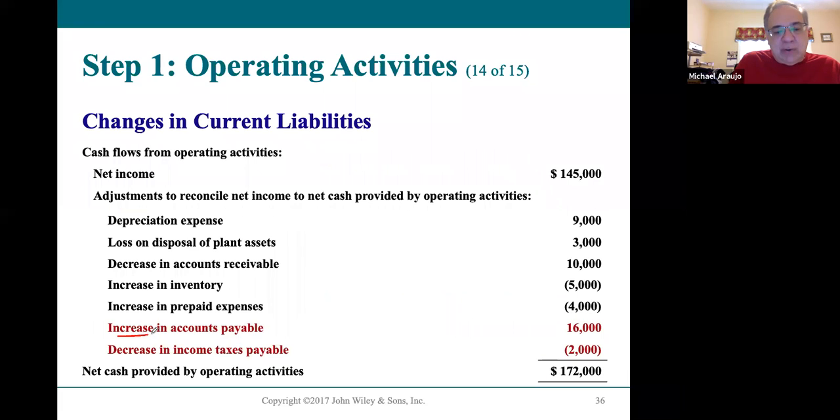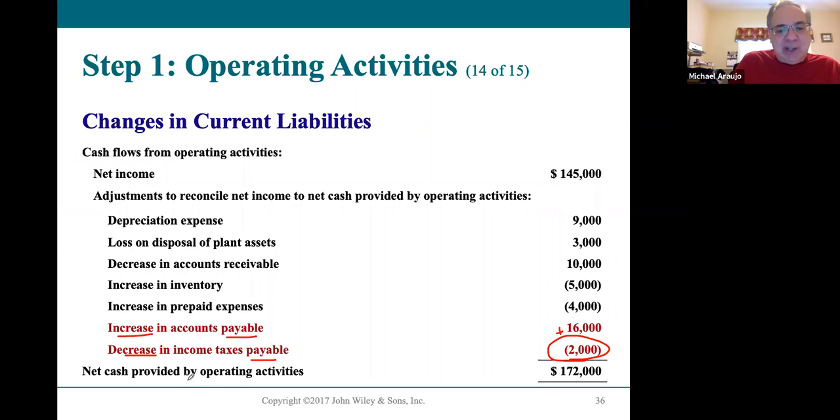So again, an increase in a payable meant that we got a whole bunch more stuff and we didn't pay for it. So the cash literally is looked at as staying in the company. Cash didn't go out because we have more payables later. But when we actually paid down the payable, we used cash, and so because we used cash, it's reduced.